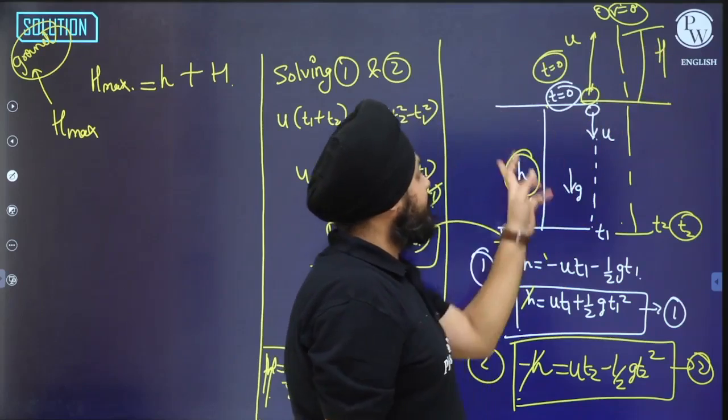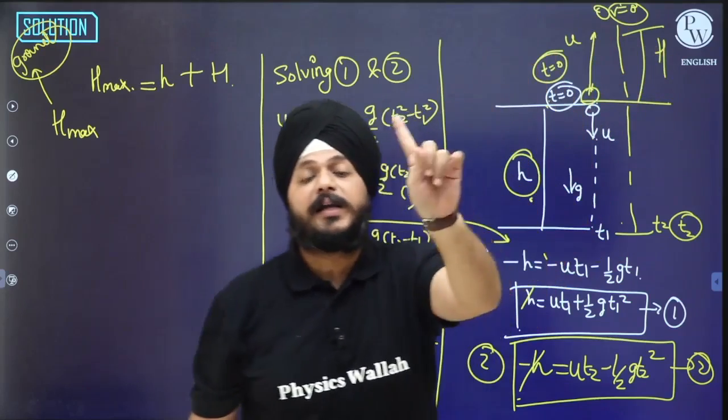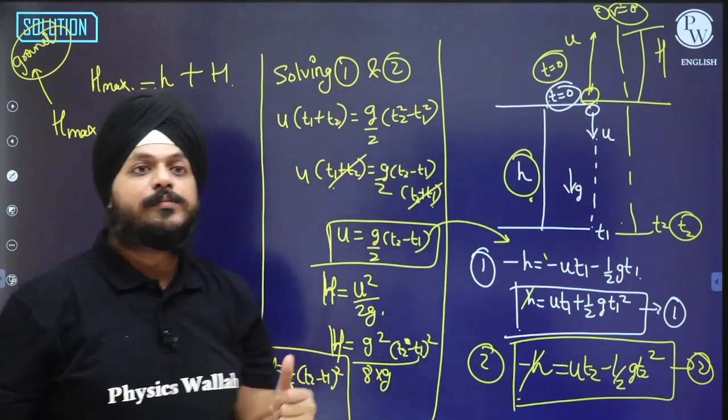So capital H plus small h is the maximum height for particle 2 with respect to the ground.